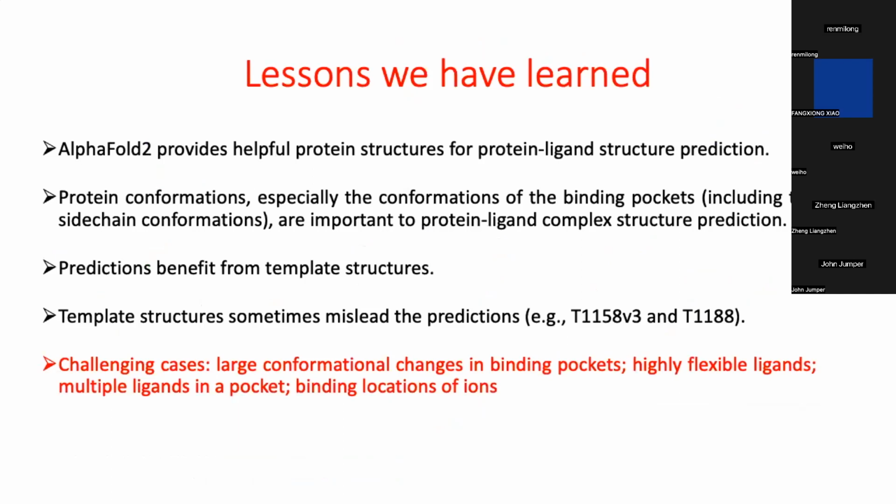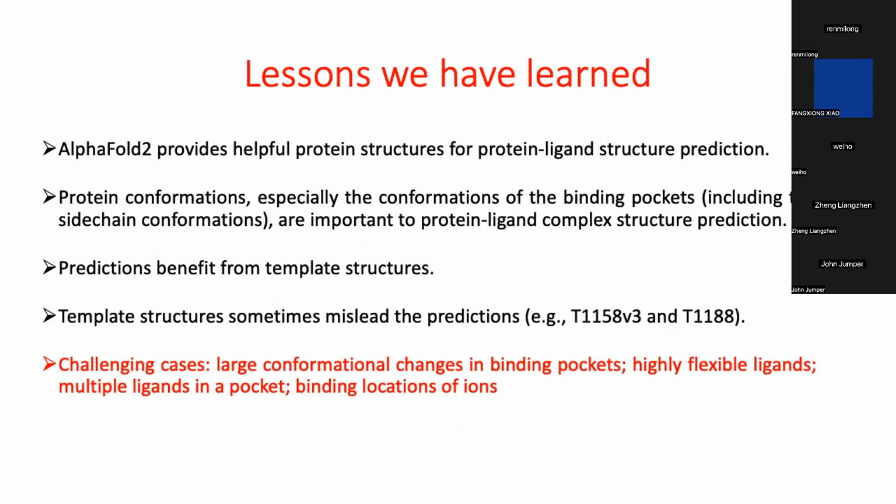Lessons. AlphaFold is very helpful, providing us the protein structure for protein-ligand structure prediction. It is the conformation of the binding pocket, including the side chain conformation, that guarantees high accuracy protein-ligand complex structure prediction. Templates can help, but sometimes can also be misleading.